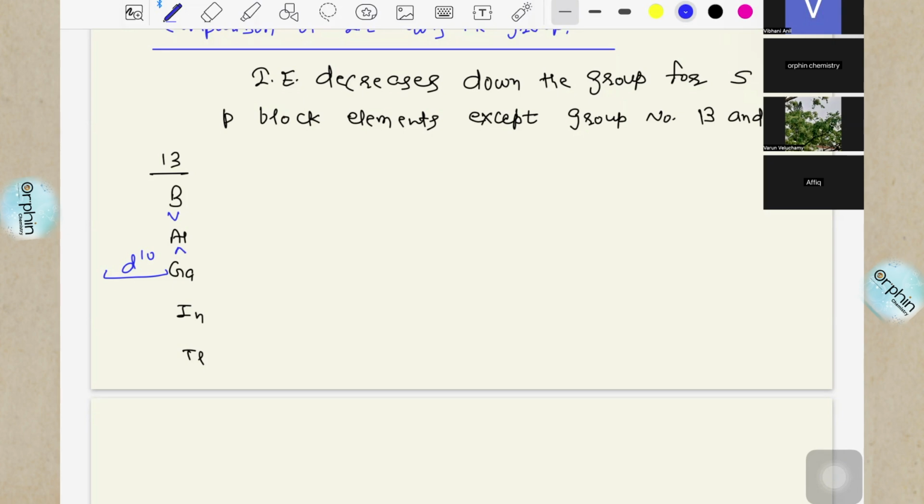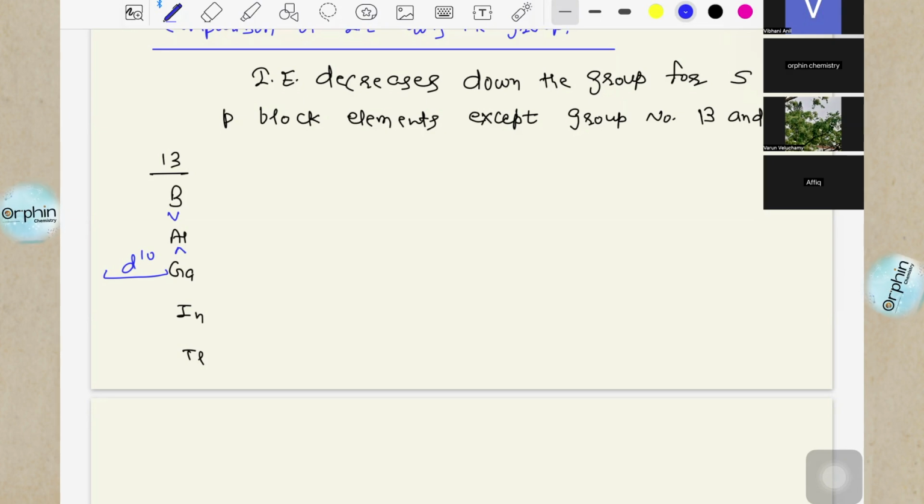D has poor shielding, so D electrons will consume the forces of attraction from the nucleus lesser. Means nucleus forces of attraction will go outside more for the D block cases, right? And what is just after D10? Gallium. So the electron present in gallium will be attracted more by the nucleus. That is why the size decreased, and because of the same reason, removal of the outermost electron is difficult from gallium.